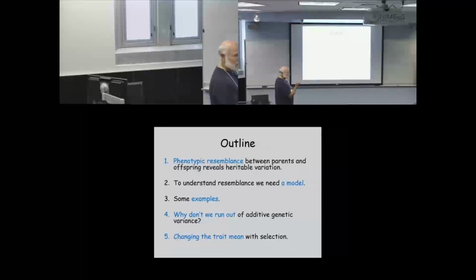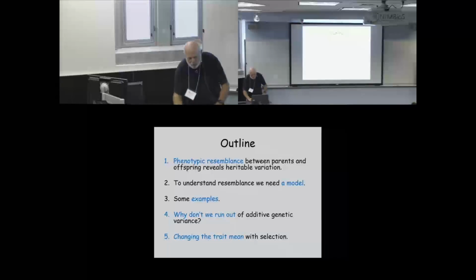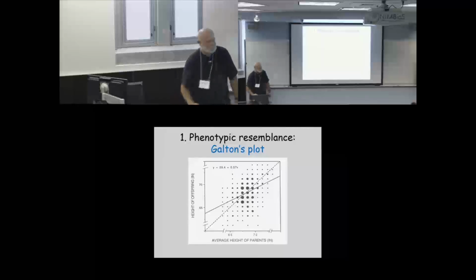And then we're going to come back to this question that was raised by one of you: why don't we run out of additive genetic variance? And then we're going to finally look at how the mean is changed by selection from generation to generation. So a review of some concepts we just talked about and a little more detail on some of them.